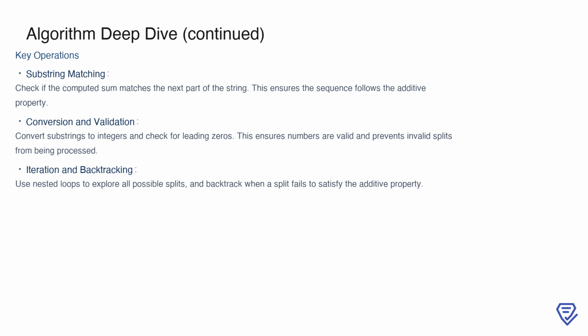This step is vital for avoiding splits that do not represent valid numbers. Finally, the nested loops used for exploring all possible splits incorporate an iterative and backtracking process. When a particular split fails to satisfy the additive property, we backtrack and try the next potential split. This systematic exploration ensures that all possible sequences are considered without prematurely discarding valid ones.